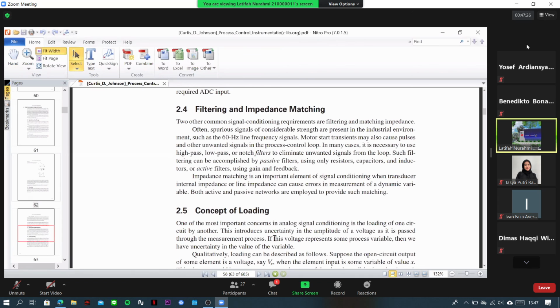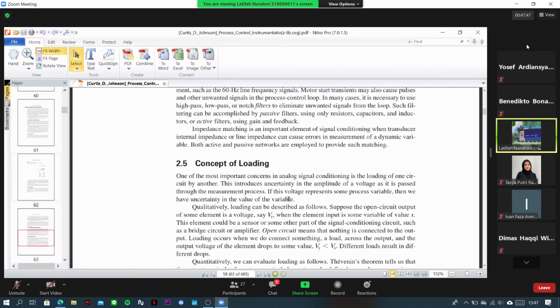And filtering and impedance, we will continue on Monday. This is very important. There is a passive circuit and also an active circuit. We will continue on Monday with the passive circuits.